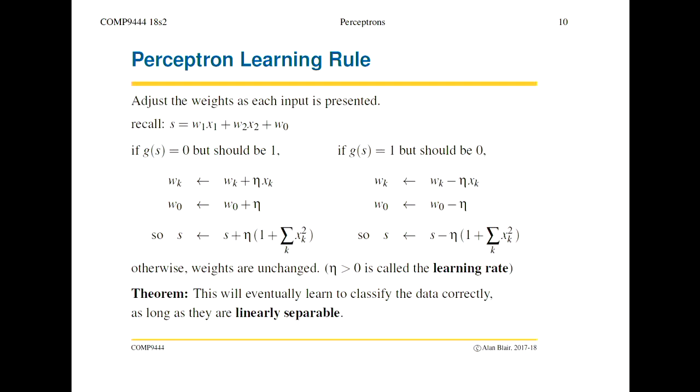Now, conversely, let's suppose I give an image that is not a C, but the network thought that it is a C. Then I have to decrease S, so I just do the reverse. I subtract a positive number from W0, and I subtract a multiple of xk from wk, and that will decrease s by this positive number.